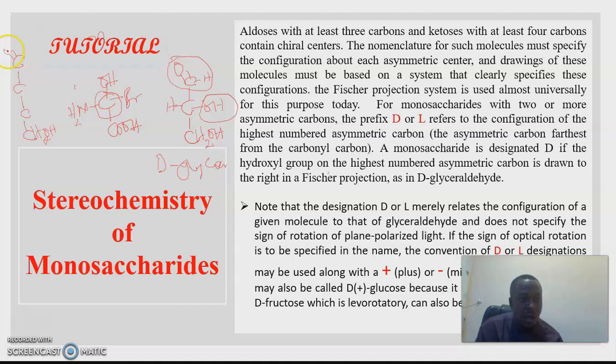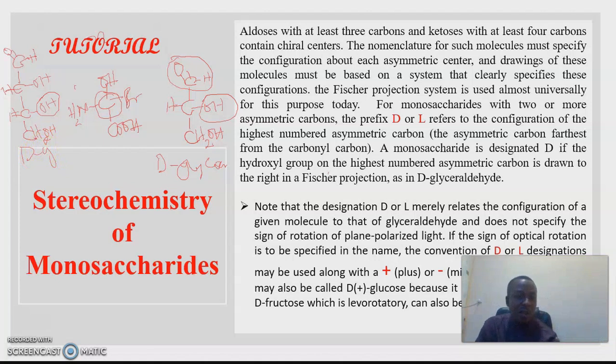This becomes our carbonyl carbon. Here we have OH. Here we have OH. Here we have H. Here we have H. So you notice that this carbon here is the additional carbon compared to the glyceraldehyde. So here, what defines the D form of this monosaccharide would be the orientation of the hydroxy group here. So this becomes a D sugar, or a D monosaccharide.